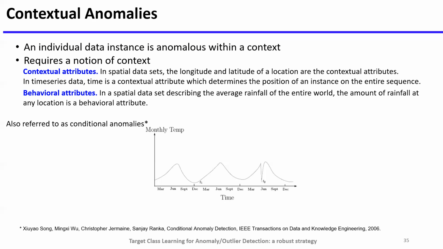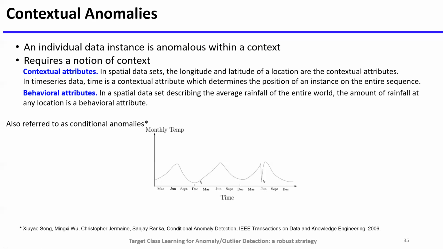Even in time series data, time is a contextual attribute which determines the position of an instance in the entire sequence. If we take the various months of the whole year, summers and winters can be the different contexts. So time is a contextual attribute.